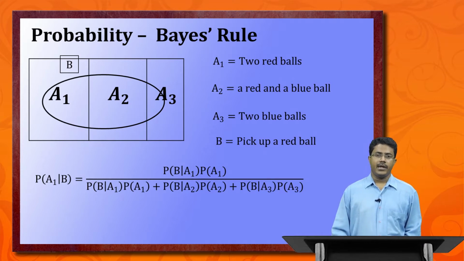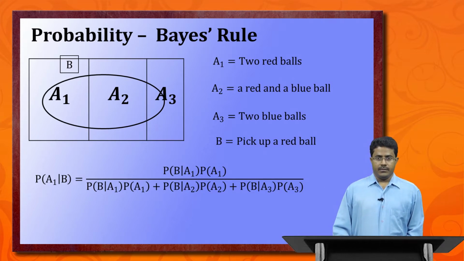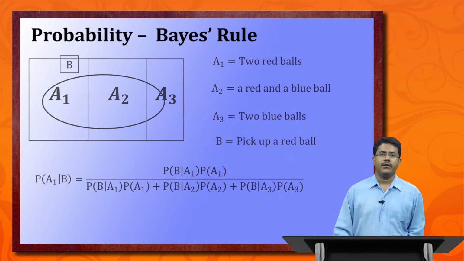We have already picked up a red ball. Then what is the probability of getting another red ball in the same box? So we will use the Bayes rule formula, P(A1 given B).